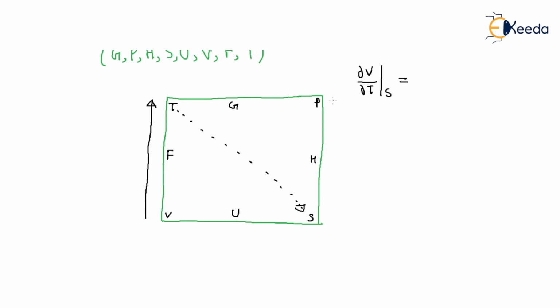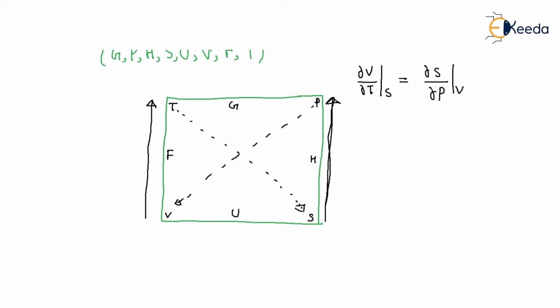So draw bottom to top also a vertical line and put ∂S/∂P, and always the constant is the corner opposite, V. There is the first relation.